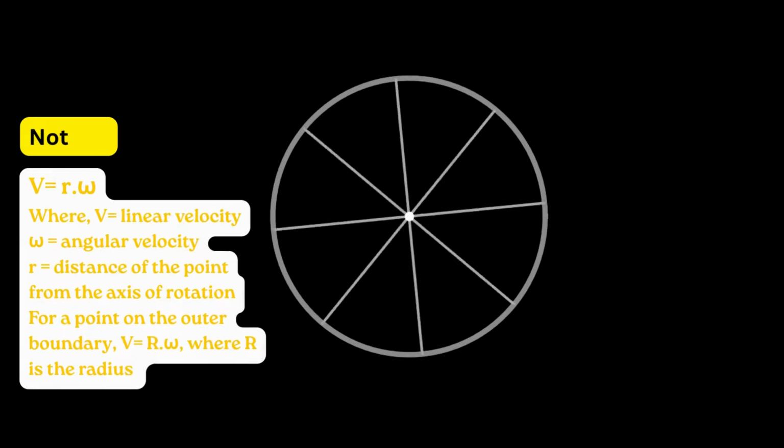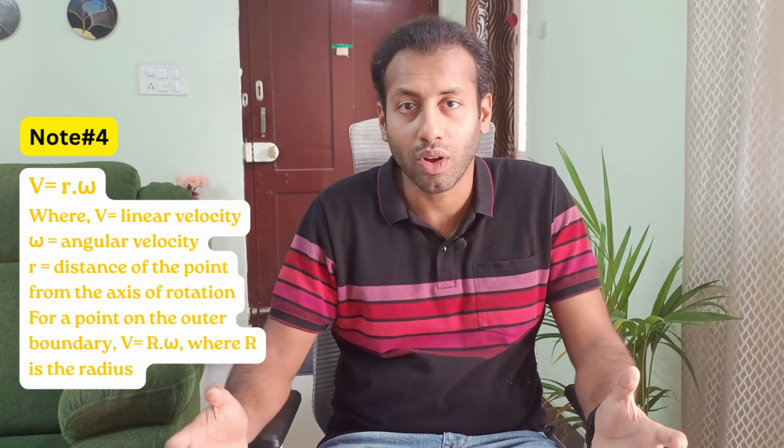While rotating, they are always accompanied by an instantaneous linear velocity, and it is directly proportional to the distance of the point from the axis of rotation. That means the points on the circumference will have the highest instantaneous linear velocity, which is given by v equal to r omega, where r is nothing but the radius of the wheel.